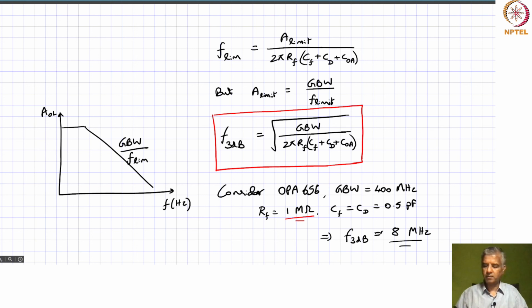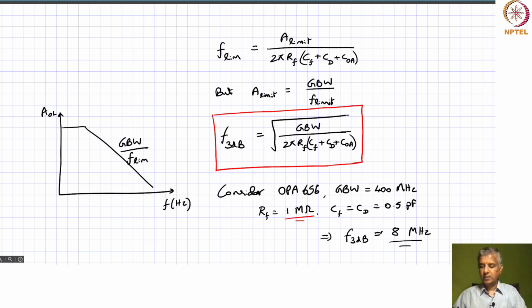You cannot get rid of these, so you will have to drop your RF accordingly. If the 3 dB has to be 10 times more, RF has to be dropped by a factor of 100, because it's actually coming into the root.